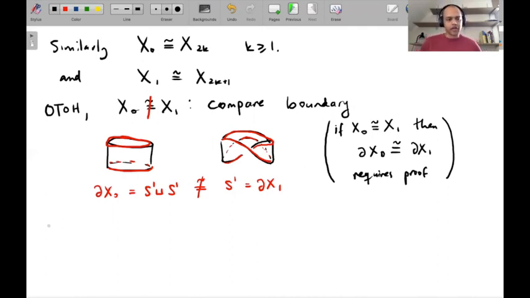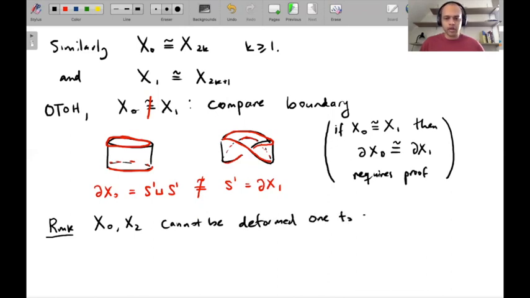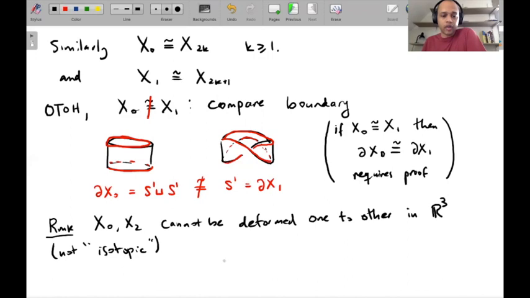As a further illustration of this idea, x0 and x1, or x0 and x2, well, these cannot be deformed one to the other in R3. And, some terminology, we say they're not isotopic if you can't deform one to the other in ambient space. And the way to see this, again, is by looking at the boundaries.